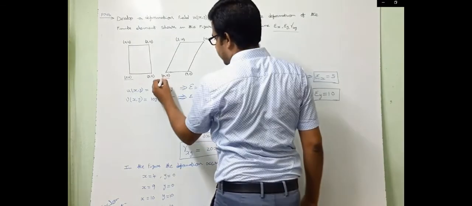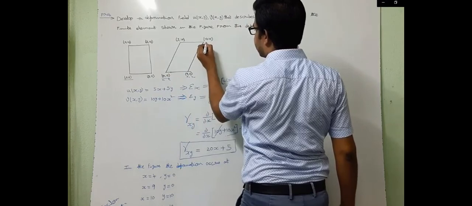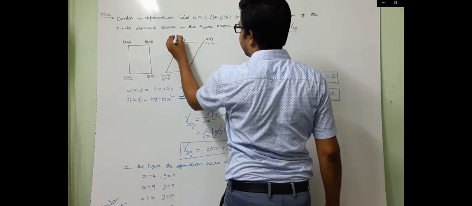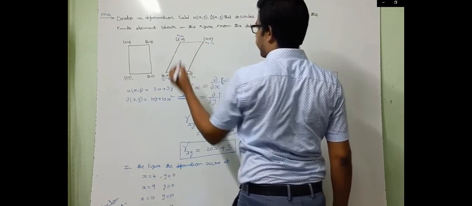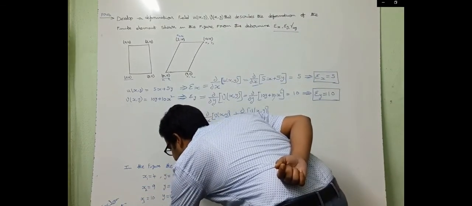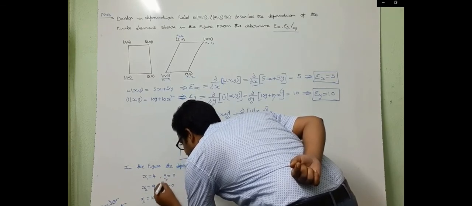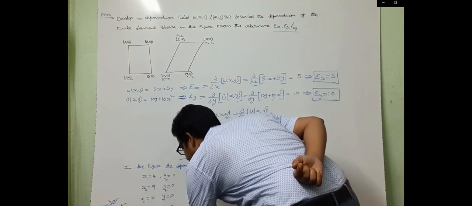So here these are x1, y1, x2, y2, x3, y3, x4, y4.